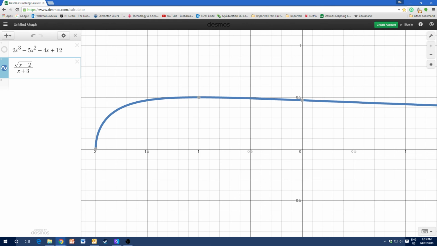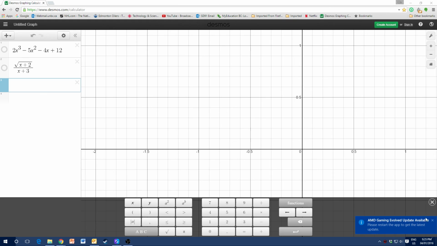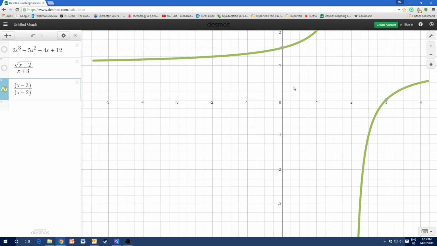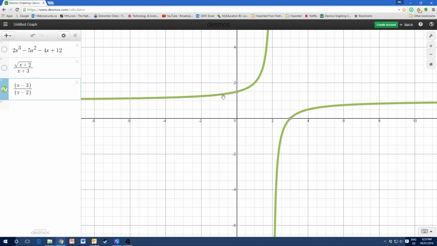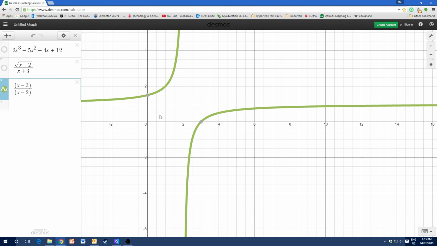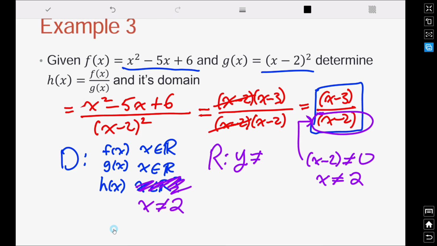I thought I could do it easily without too much math, but I'll just graph it. The function was x minus 3 divided by x minus 2. There we have an asymptote and it looks like 1. So based on the graph, y cannot equal 1.